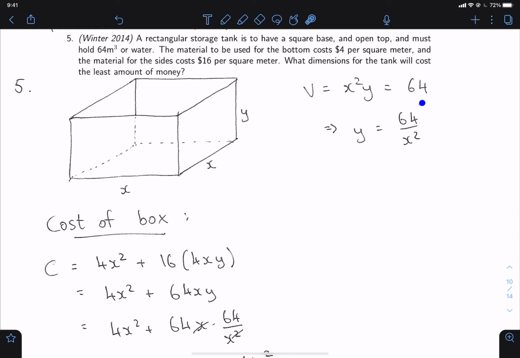So it cannot change anymore. What we want to change is the surface area. So now we have x squared times y equal to 64, and we can express y in terms of x. Just divide both sides by x squared, so y is equal to 64 divided by x squared. So that is the relation between x and y.